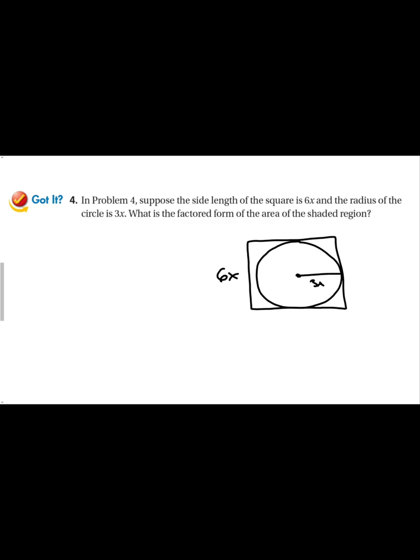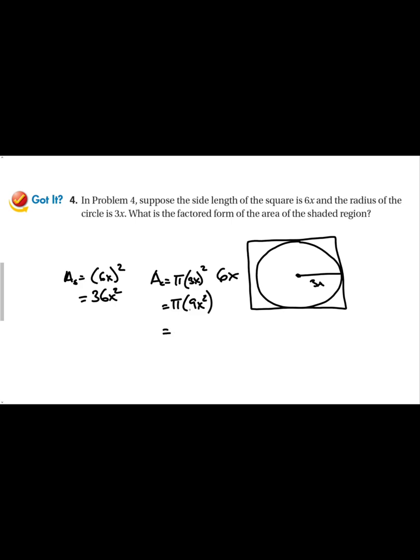So same thing, area of the square is going to be 6x squared, which is 36x squared. Remember, I have to square both of them. The area of the circle is pi times that squared, the radius, which is pi times 9x squared.